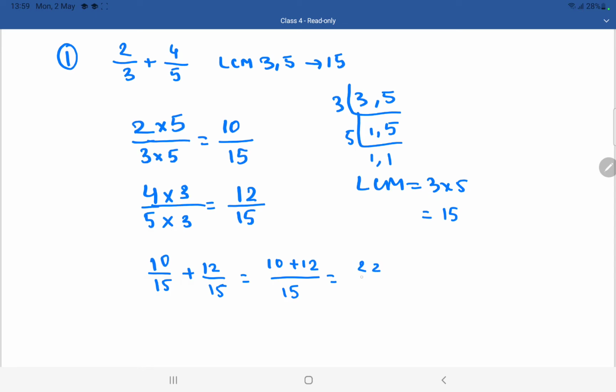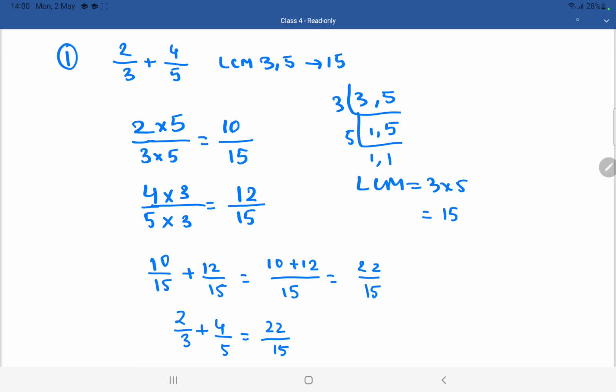It is 22. 22 by 15 is the answer for this question. Means 2 by 3 plus 4 by 5 is equal to 22 by 15. Okay, so this is how you will add two unlike fractions.